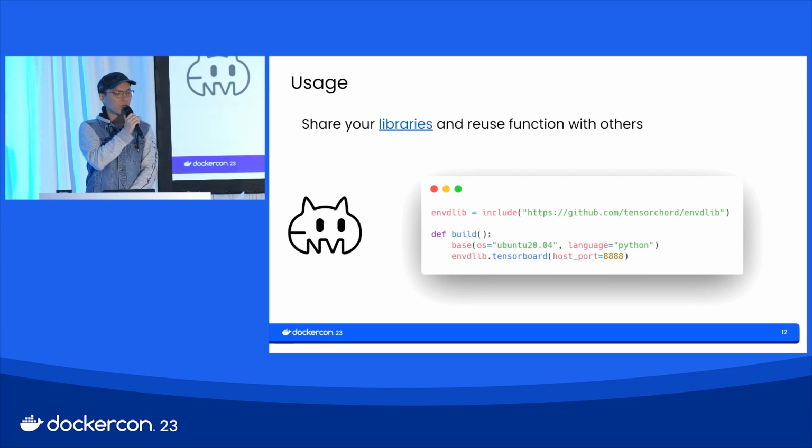For TensorBoard, you need to install it and set it up in the container. Without envd, you need to change the entry point of the image, and that's only one part. You might have multiple processes that need to run in Docker simultaneously, so it becomes complex if writing a pure Dockerfile.